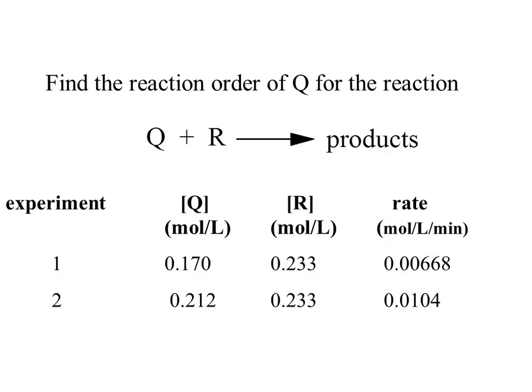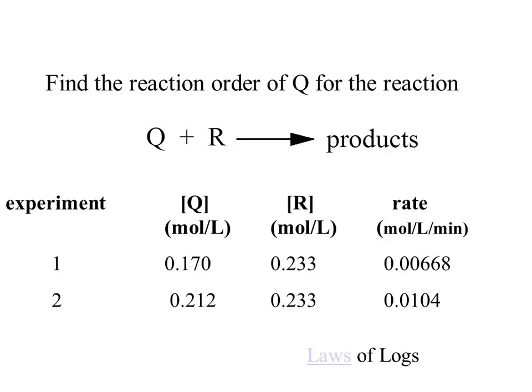So notice on purpose, for the first two trials, and I think there are 3 trials in all, for both trials we didn't vary the concentration of R. So that means any changes we see in the rate, and we do see changes in the rate, are all due to changing the molar concentration of Q. So we basically want to find the reaction order of Q.